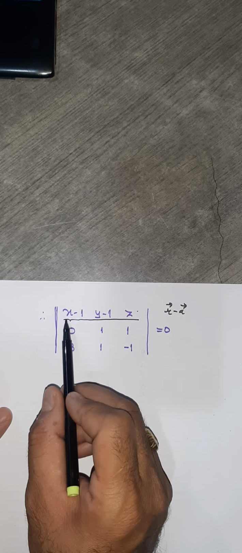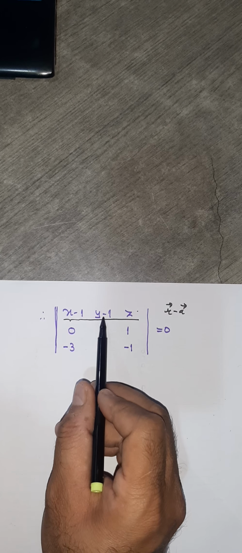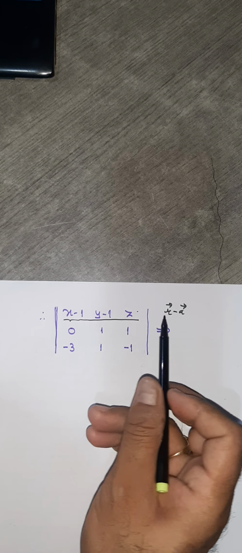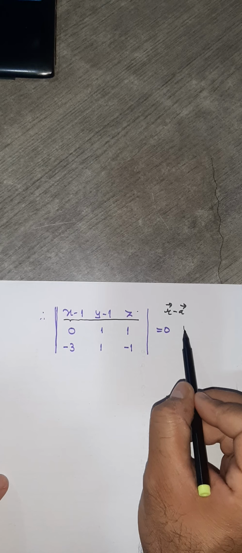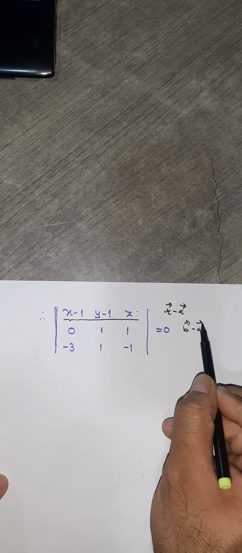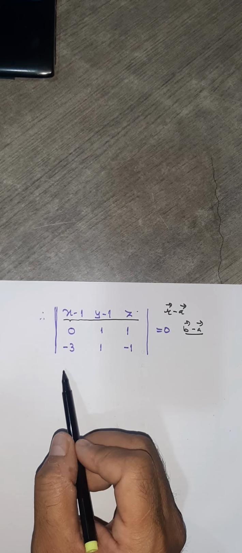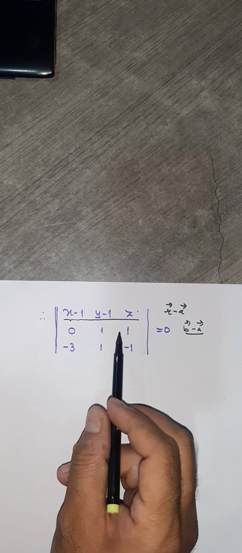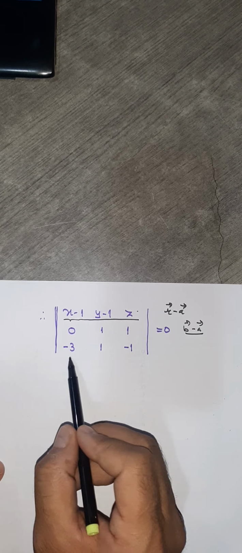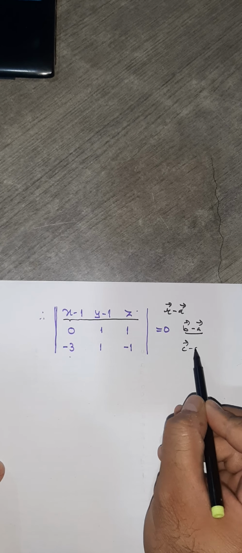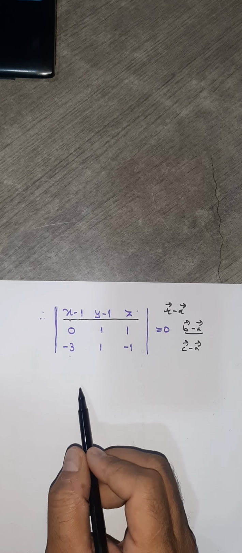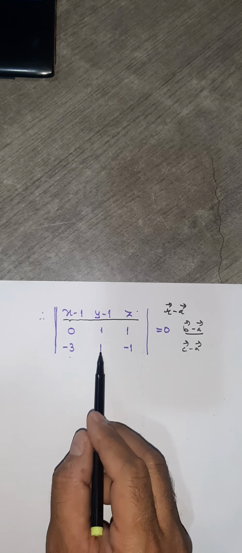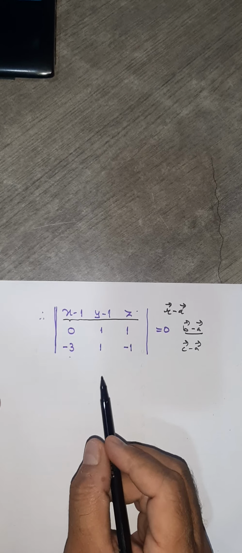So we get x minus 1, y minus 1, z minus 0. This is the vector b minus a, that is 0, 1 and 1 minus 0, which is 1. And this is c minus a, that is minus 3, 1, and minus 1.